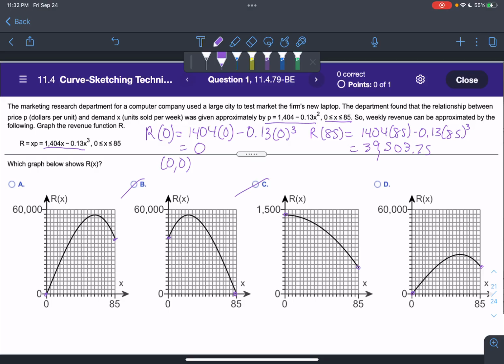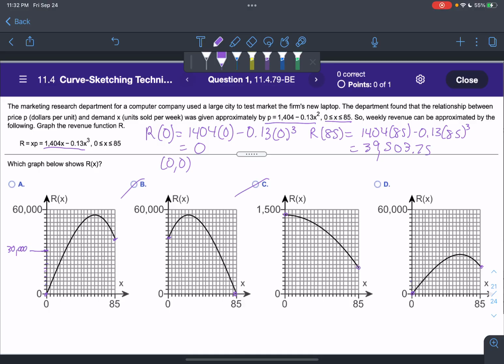If we look at our very horrible scale on our axes, I believe each of these tick marks is 3,000. That's really unfortunate. So you just count up 10. So 1, 2, 3, 4, 5, 6, 7, 8, 9, 10-ish maybe. So this is 30,000.